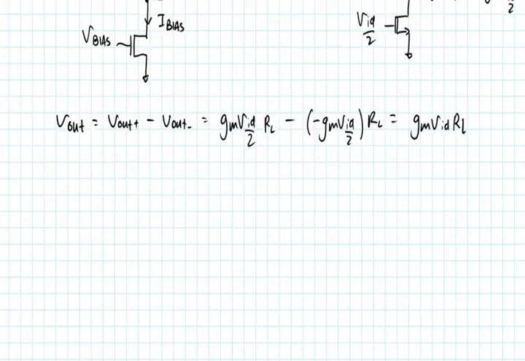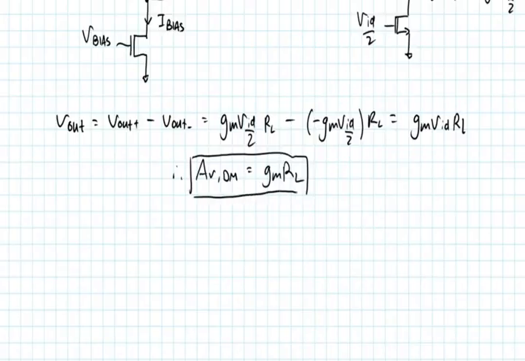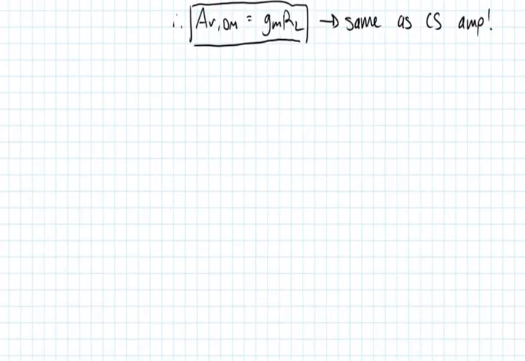Basically, this means that the differential mode gain, which I'll abbreviate Av,dm, is just gm RL. Interestingly enough, that's exactly the same as our common source amplifier. And of course, those of you who've taken circuits classes before are not surprised by this result.